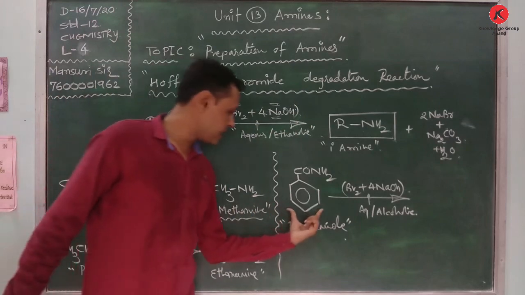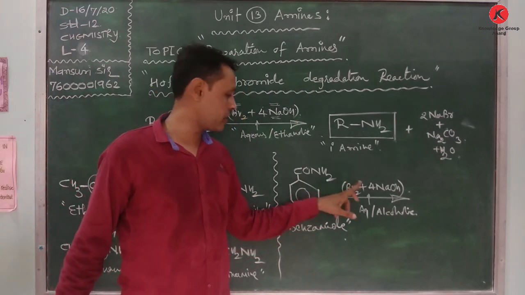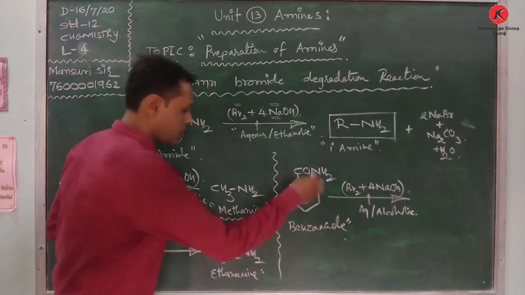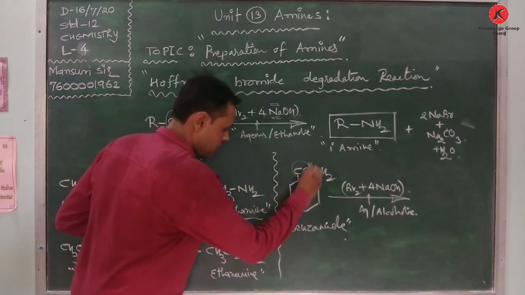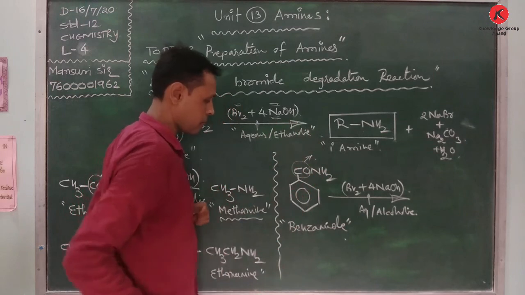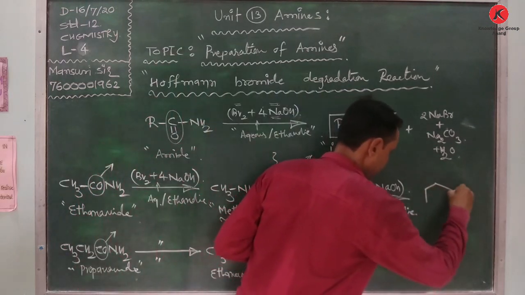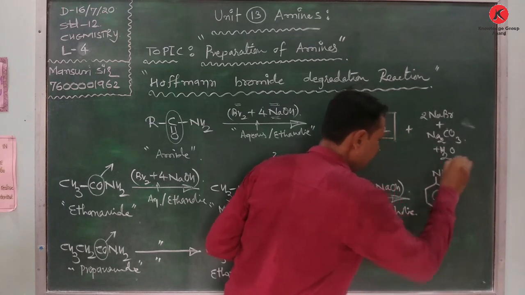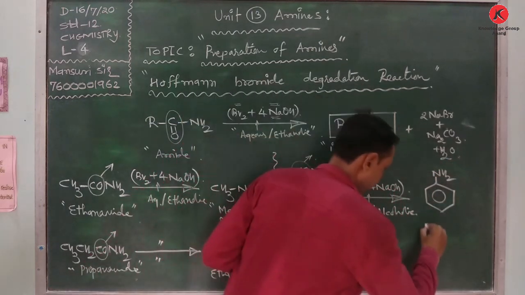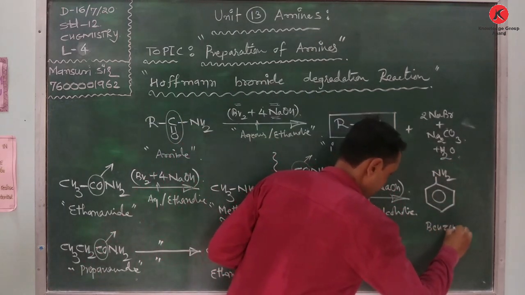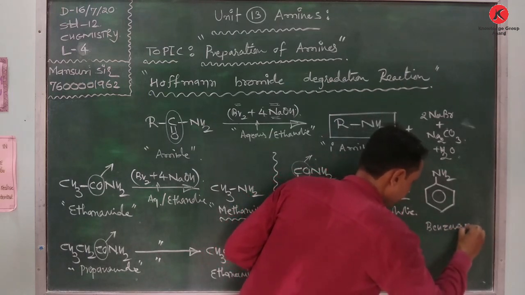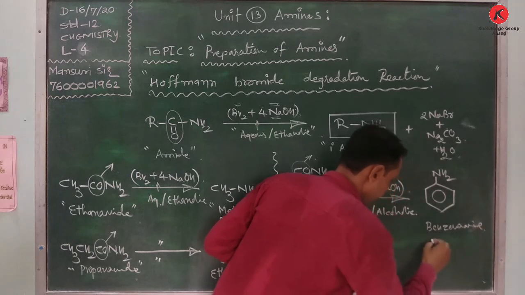So benzamide reacts with the mixture of ethanolic Br2 plus 4NaOH, then forms benzenamine. This is aniline or benzenamine.